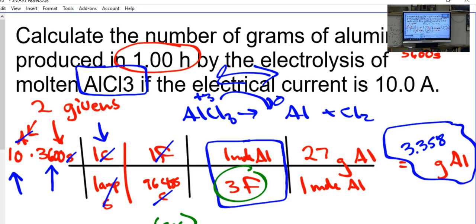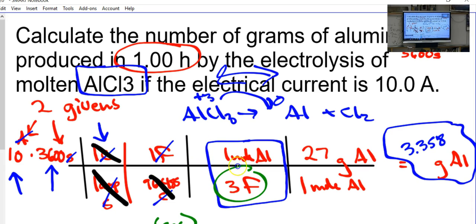So these are the way we can get rid of our seconds, and these are the ways we can get rid of our coulombs. That leaves us with a Faraday. So far, we've multiplied and gotten rid of these units by using the picket fence, and we're left now with a Faraday.